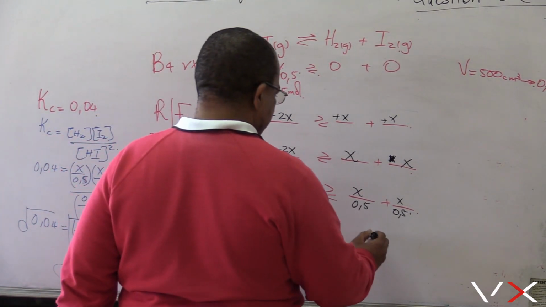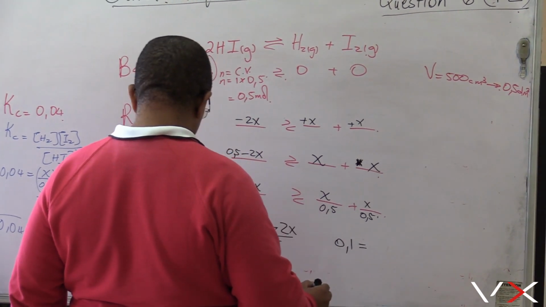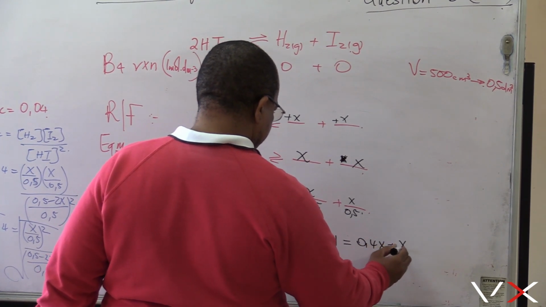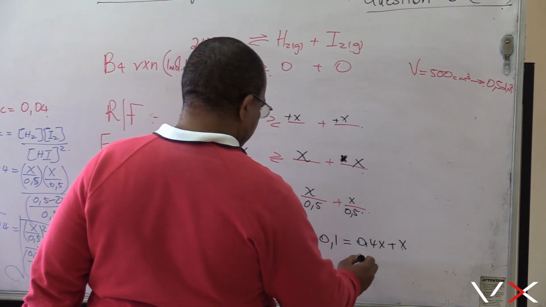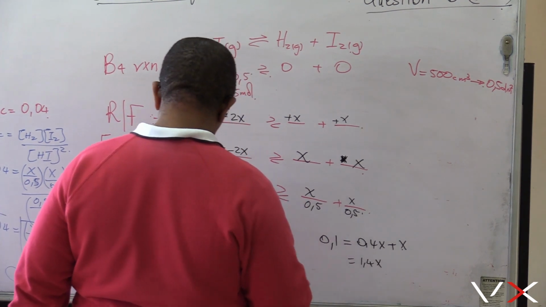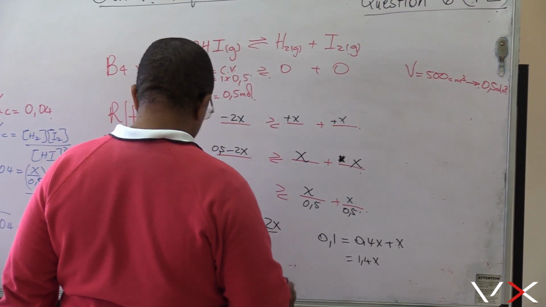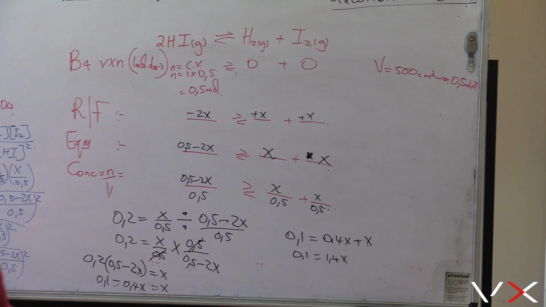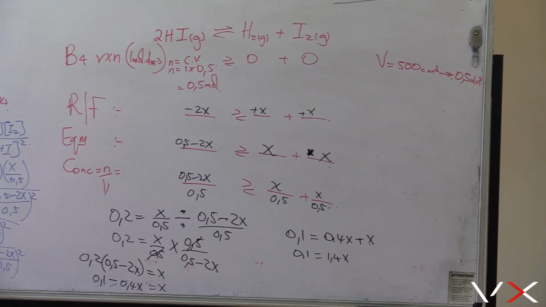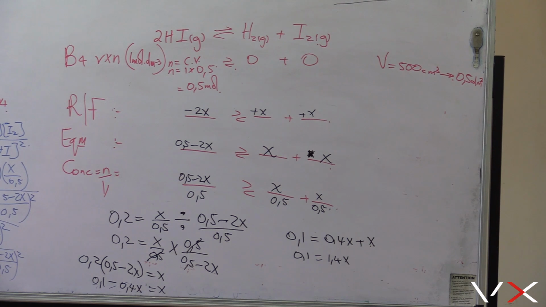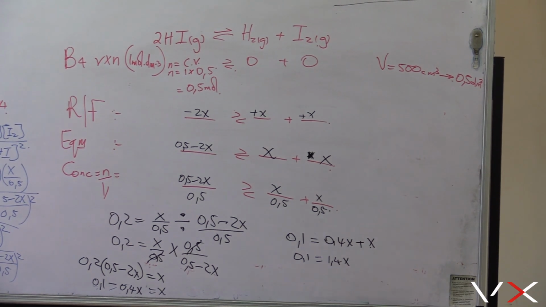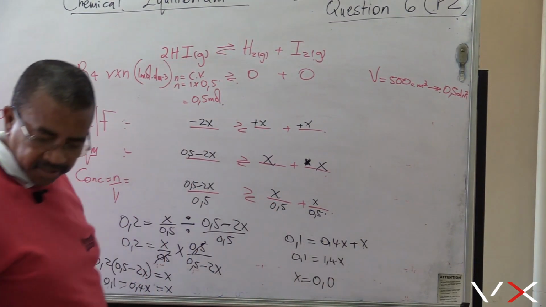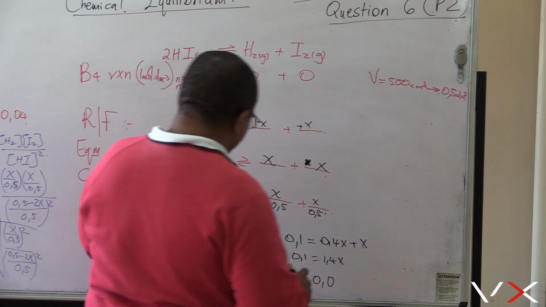Then 0.1 is equal to 0.4x plus x, which is 1.4x. So x will be 0.1 divided by 1.4, which is 0.077142.